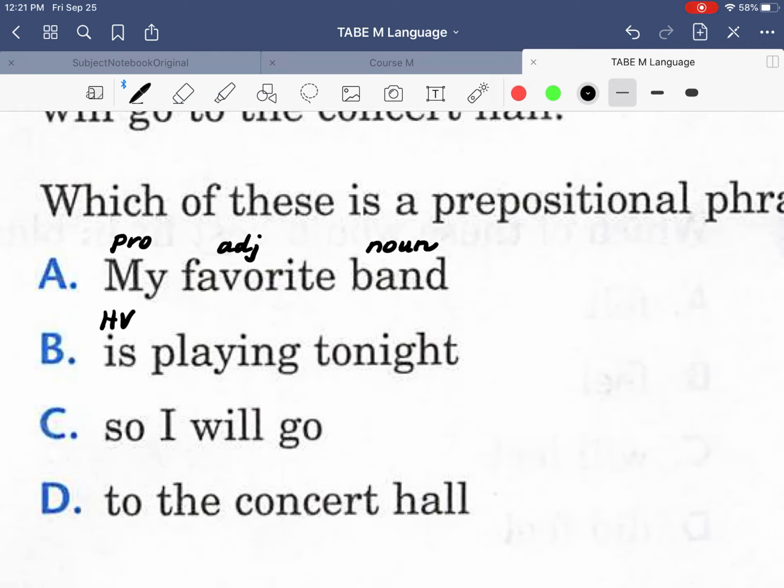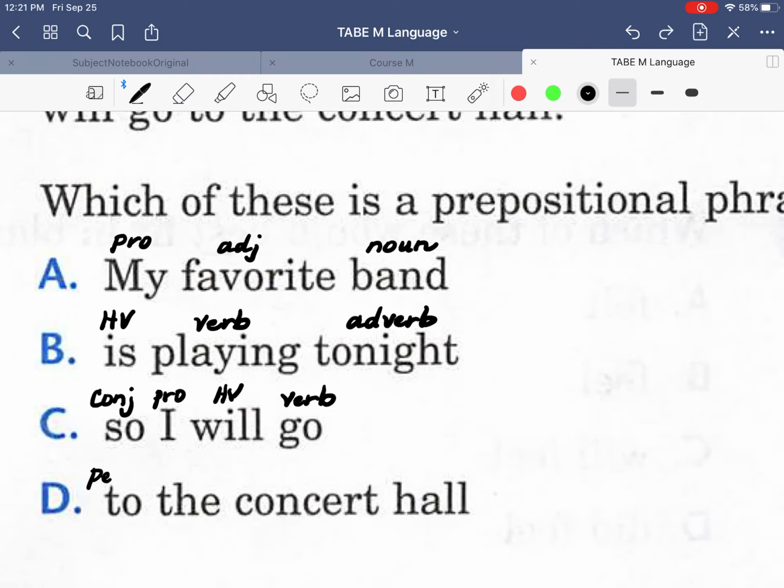Helping verb, main verb, adverb. Conjunction, pronoun, helping verb, main verb.